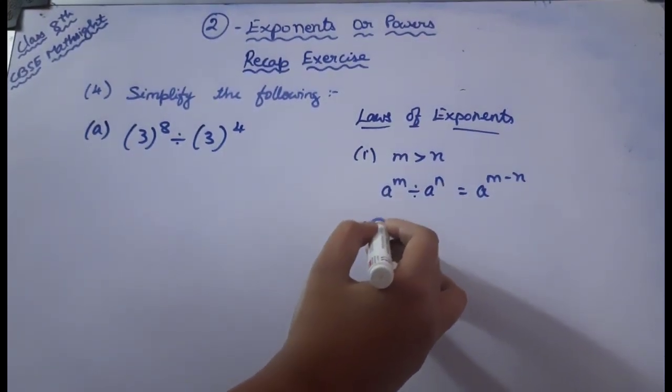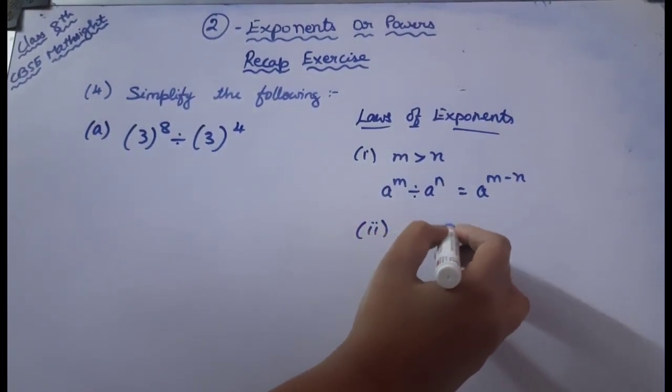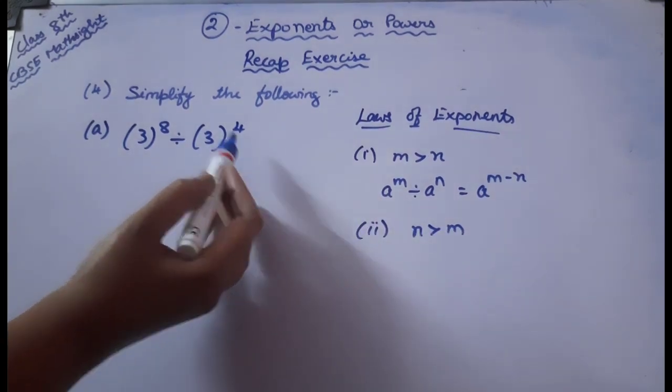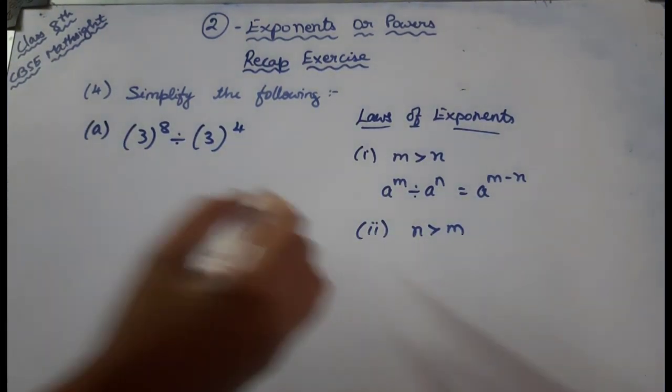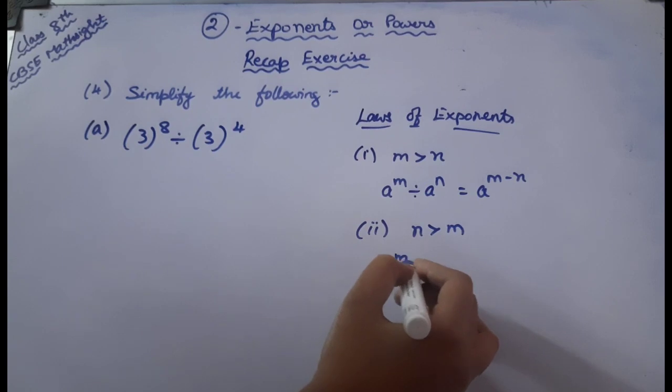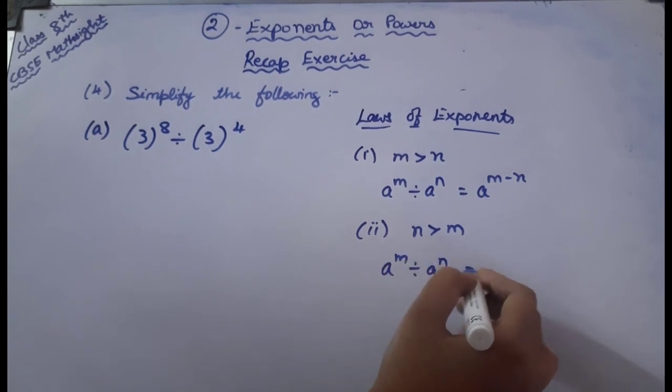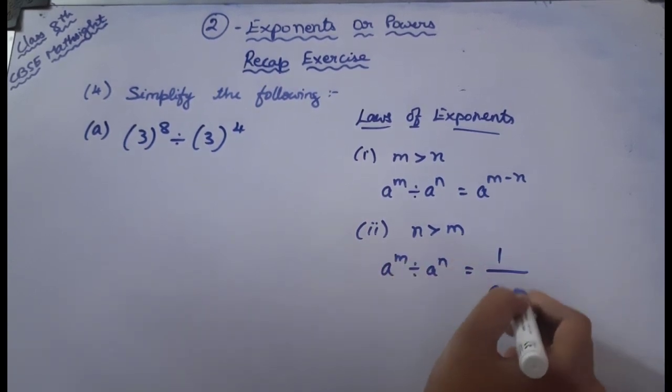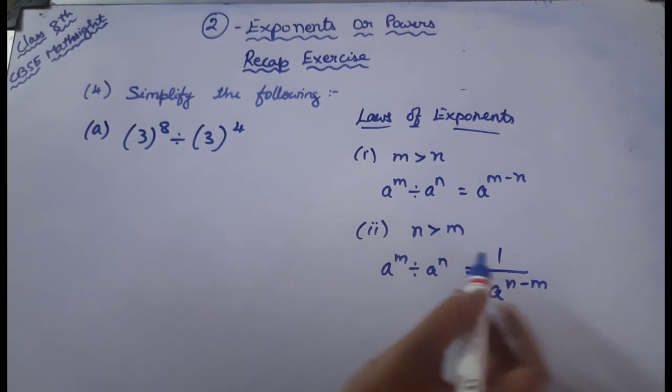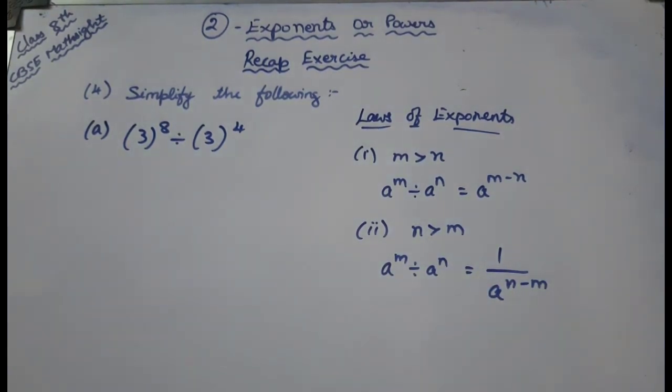And the second rule is whenever n is greater than m, which is the second power is greater than the first one, then a power m divided by a power n has to be written as 1 divided by a power n minus m when n, the second number, is greater.